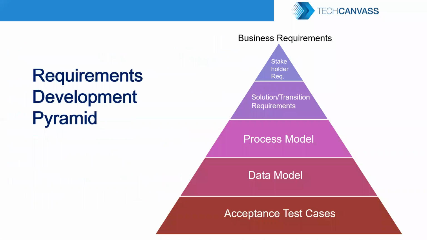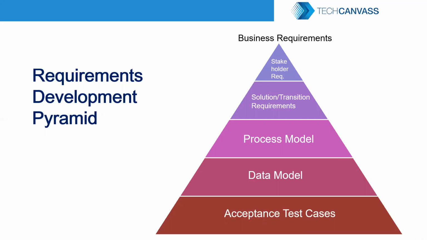Now, just to further enhance the understanding of where business analysis skills come into the picture, and where the business analyst is involved during the requirements process, we have a pyramid called the requirements development pyramid, where business requirements are at the top.